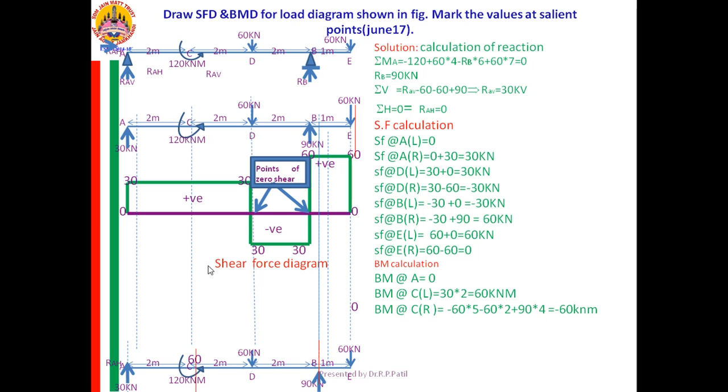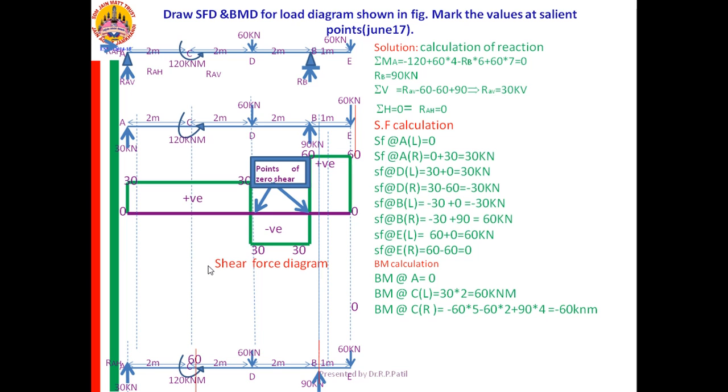On the left part, the 60 kilonewton is acting at D, means its distance is 0. Therefore, only two forces are there: one is 90, one more is 60. Now 90 into 2, as I want the bending moment at D, means distances are to be measured from D only.